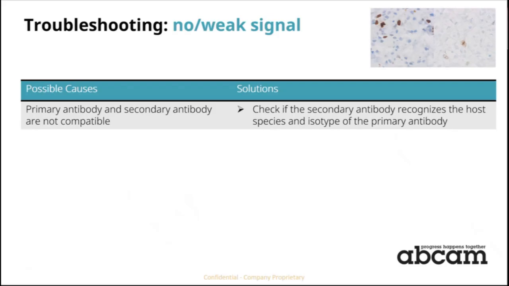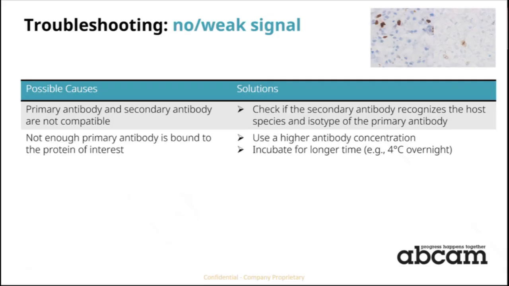It's always important to ensure that the primary and secondary antibodies are compatible with each other. If the antibody concentration is too low, then you can consider increasing the antibody concentration or incubating it for a longer period of time.